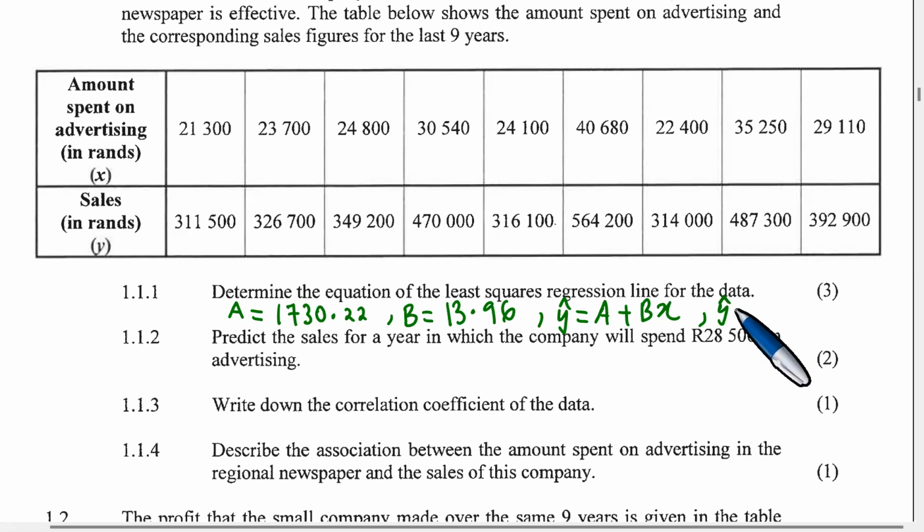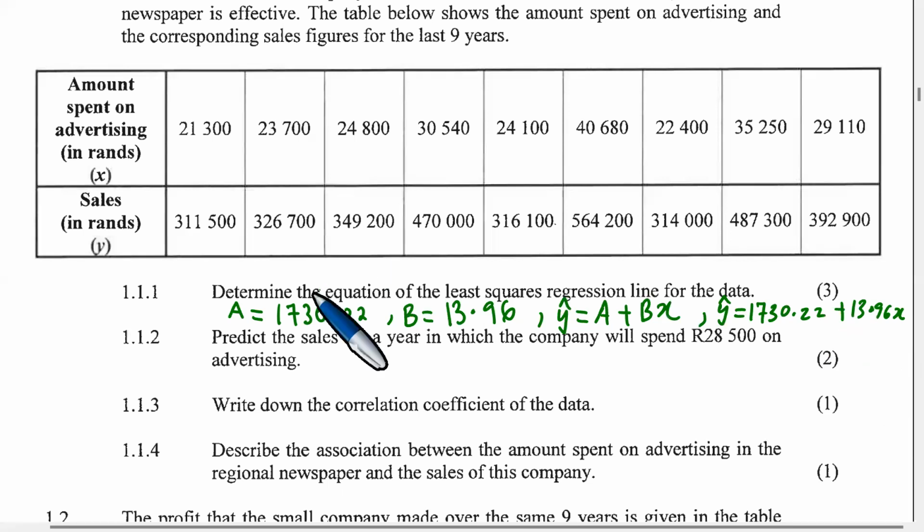So we have Y hat. What is A? A is 1730.22. B is 13.96 X. And this is the answer. So if they said the equation of the least squares regression line, that is the equation.